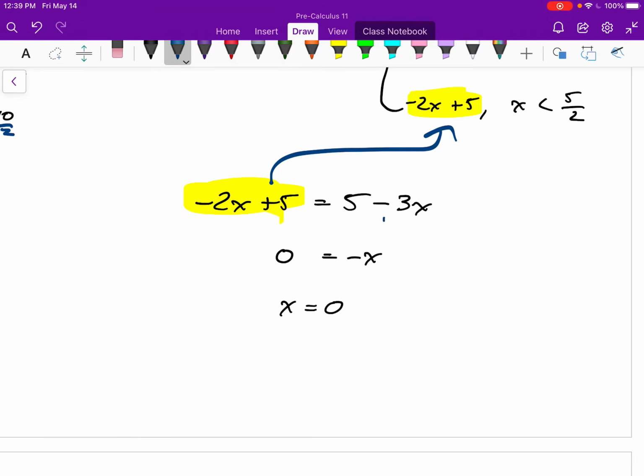Actually, my answer is correct, but I think it might be a little easier to follow if I do it slightly differently. Add 3x to both sides. It's not wrong to add 2x to both sides, but it's a little bit nicer if I do it this way, because then I get 5 equals 5.